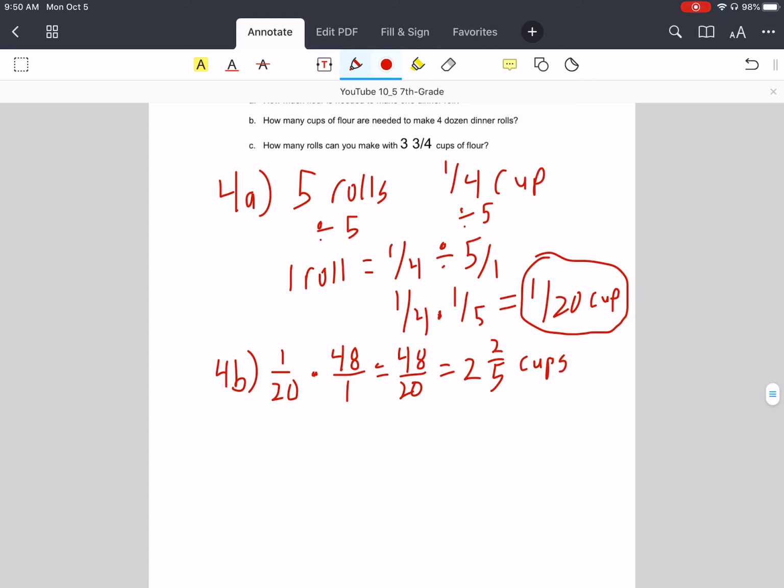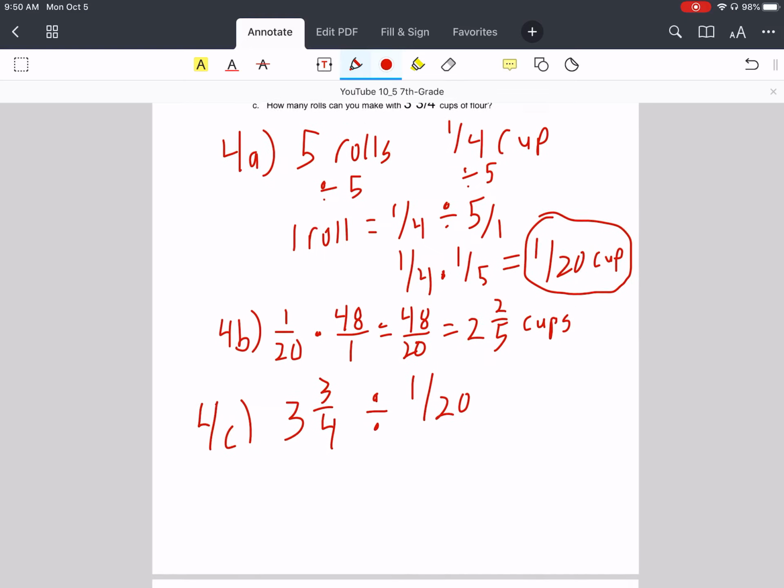And 4c, this is a trickier one. There's a few different ways you can do this. It says, how many rolls can you make with 3 3/4 cups of flour? So what we can do is take that 3 3/4 cups and divide it by the amount of flour it takes for 1 roll, which is 1/20th.